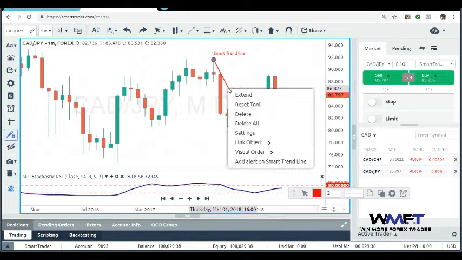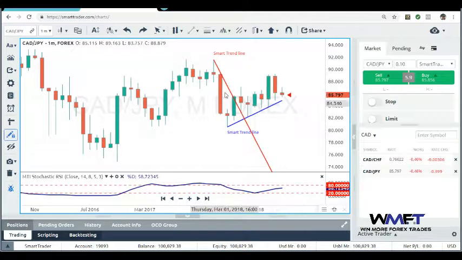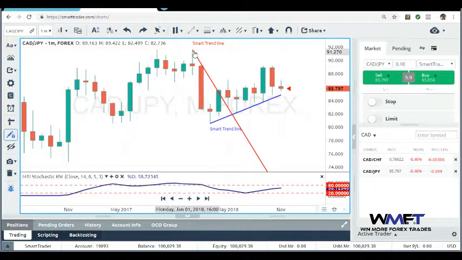And right here you can see we had a downtrend going, and the market broke this downtrend and then started its new uptrend right here.